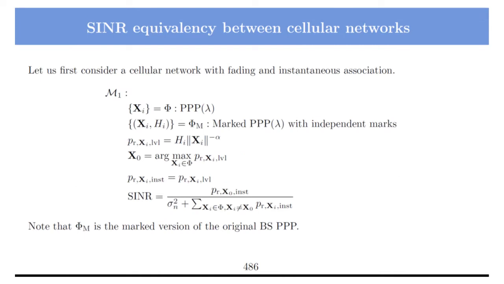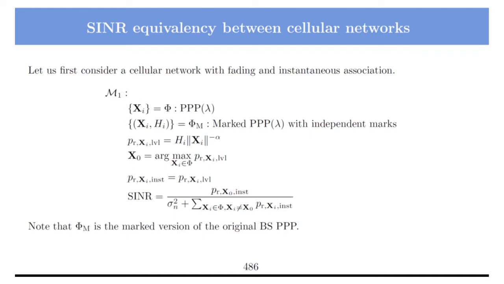So let's see one cellular network where there is fading and instantaneous association. Instantaneous association means I am going to include fading in the association. I will select the base station which provides me the maximum instantaneous receive power. Instantaneous receive power includes the fading.